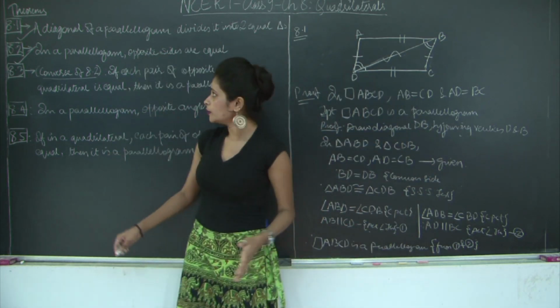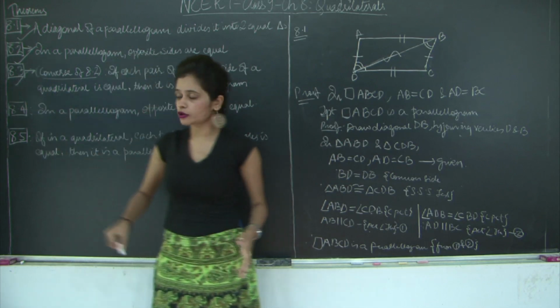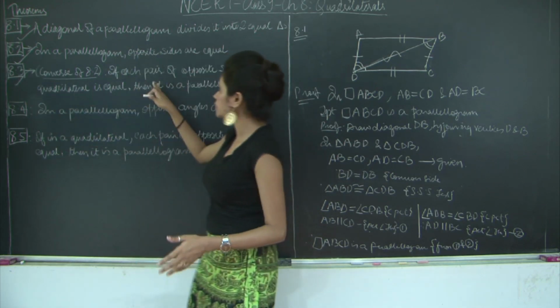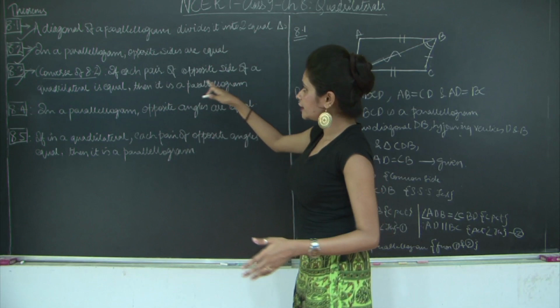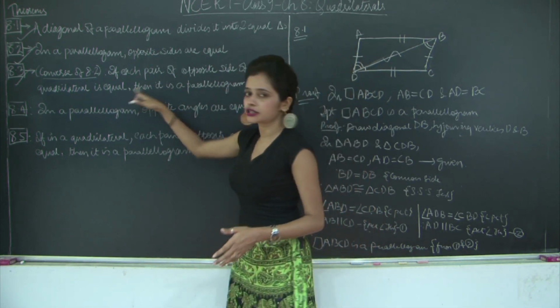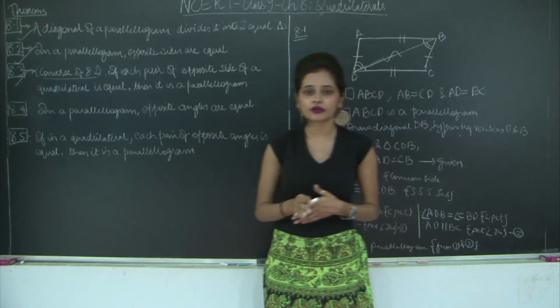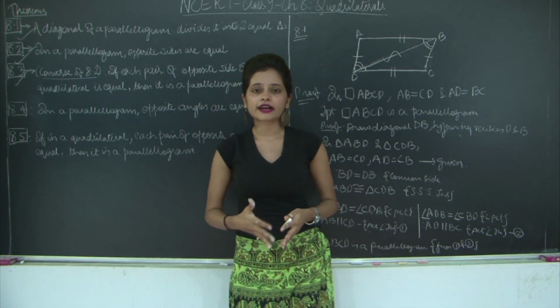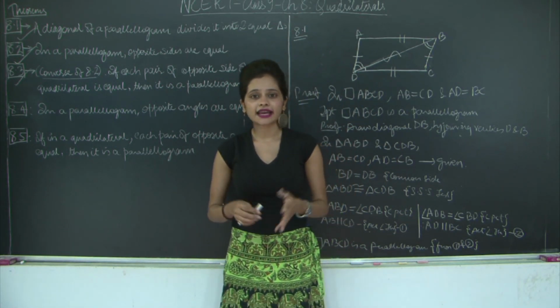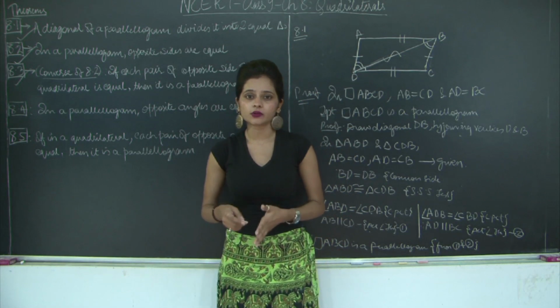So we have proved our third theorem also, that if each pair of opposite sides of a quadrilateral is equal, then it is a parallelogram. So now given a parallelogram, we have proved that the opposite sides are equal to each other.